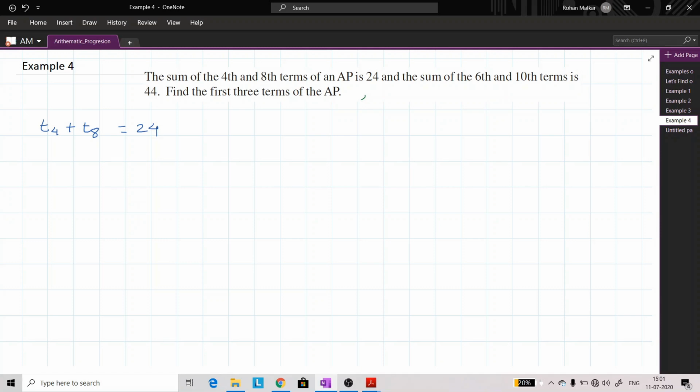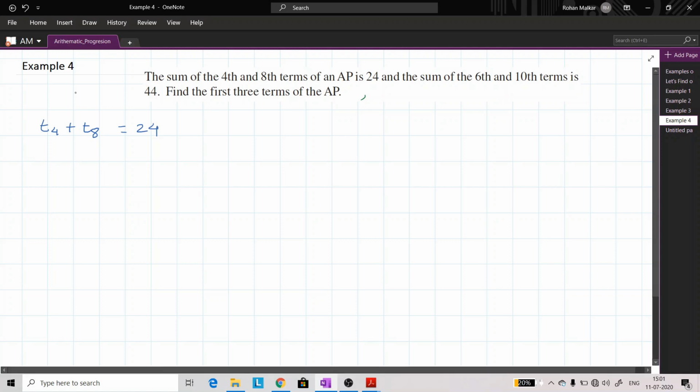In order to evaluate any terms of an arithmetic progression, we require three parameters, and those three parameters are A, N, and D. So we will use the equation to find out the nth term for this T4 term and T8 term. So T4, using the equation, I get A plus (n minus 1) D. N here will be 4.